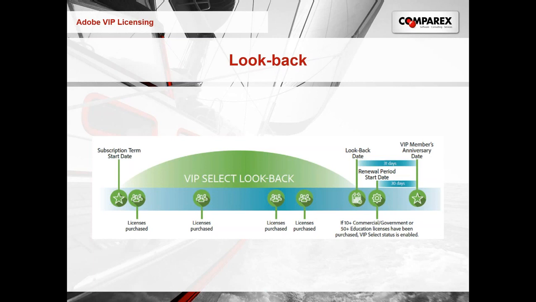At the look back date, Adobe evaluates VIP Select eligibility based on the total licenses purchased during the subscription term. Once qualified, any order placed after this will automatically benefit from your new discount level. This means that you'll benefit from your new pricing level when you renew, and this can be done 30 days before your anniversary date and up to 30 days after.